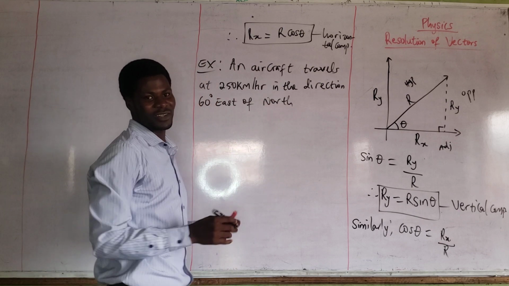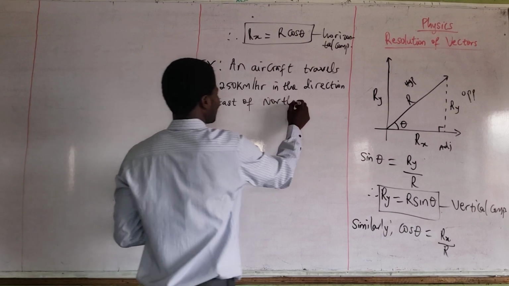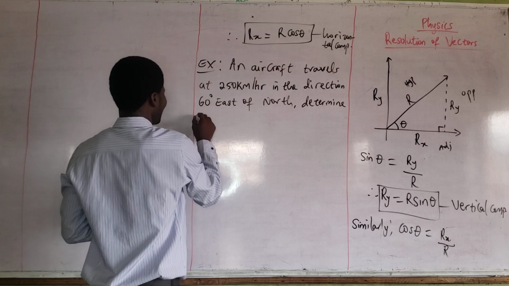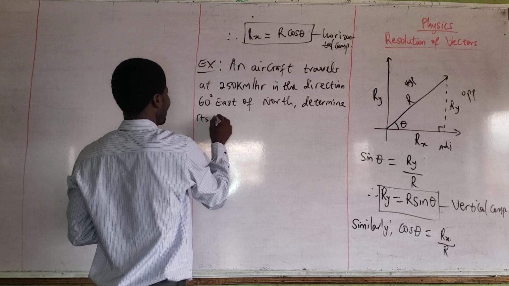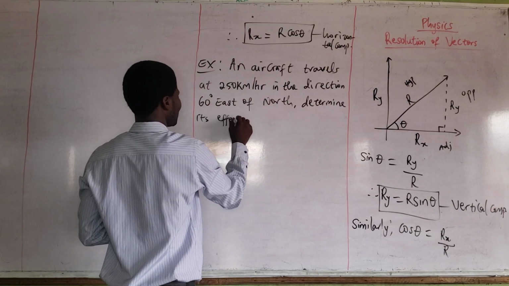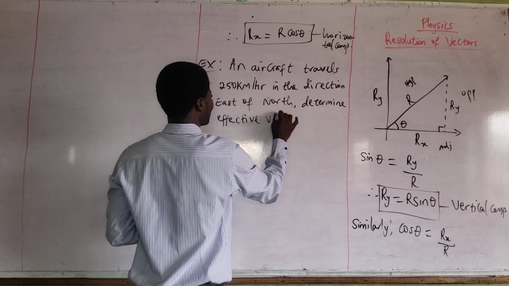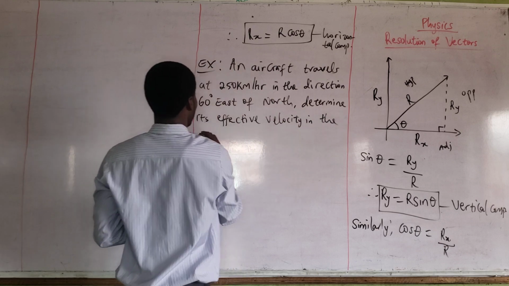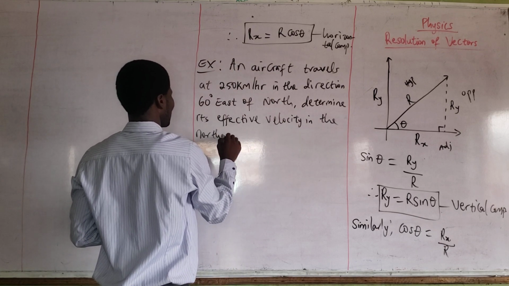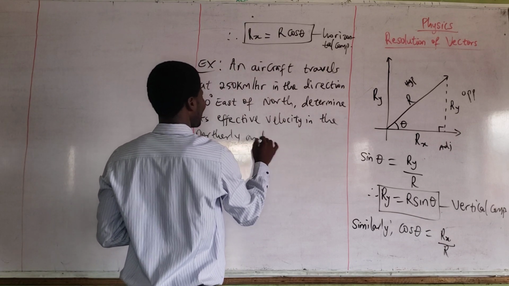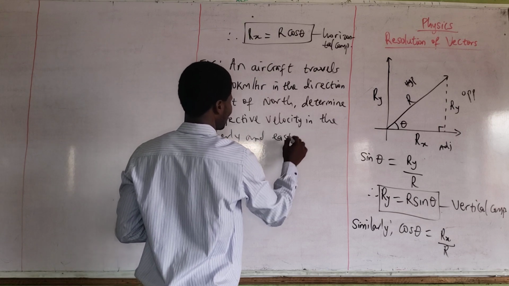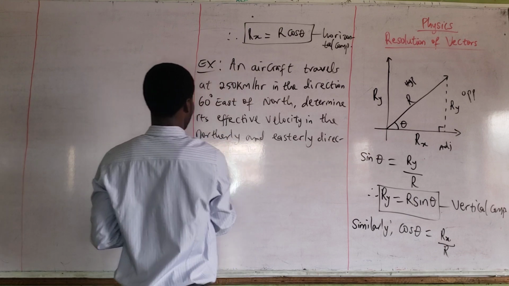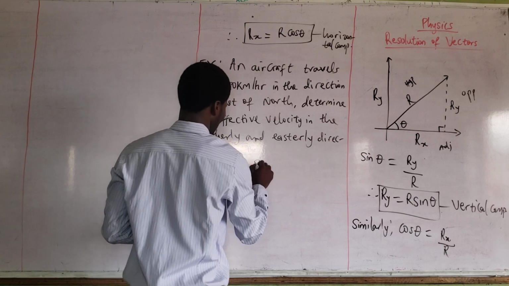That's the same as north 60 degrees east, okay? Determine its velocity in the northerly and easterly direction. That is in the north and east direction.